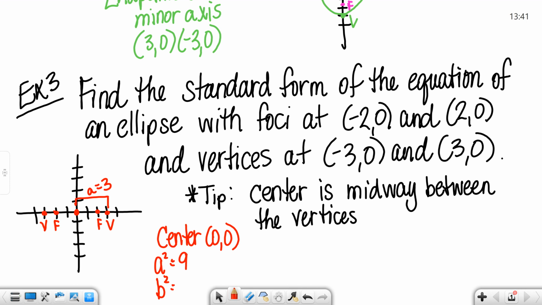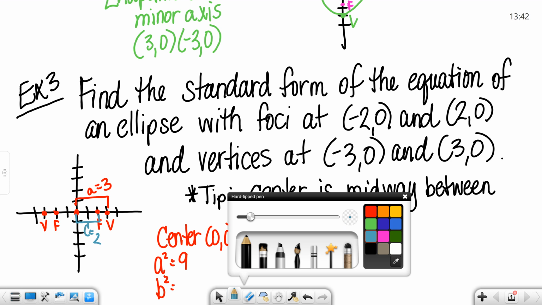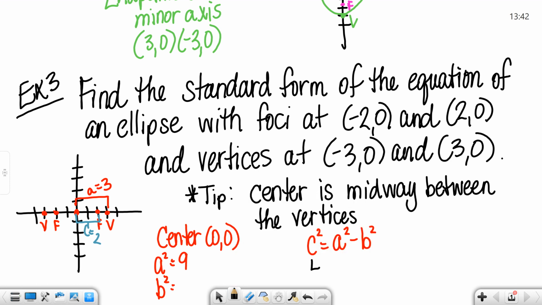Now, I don't know what b squared is, but remember, c squared is a squared minus b squared, and we know c. C is the distance from the center to the foci. So in this problem, c is 2. So c squared is 4. We know a squared is 9. I can find b squared.